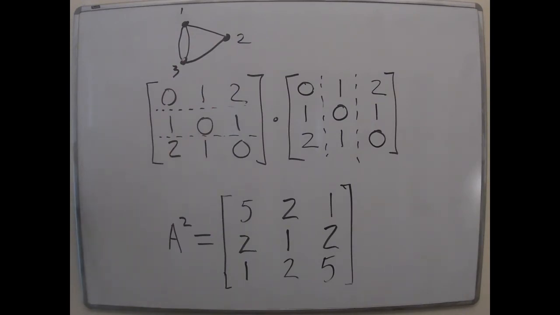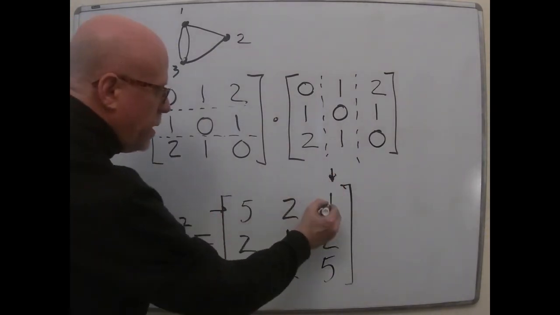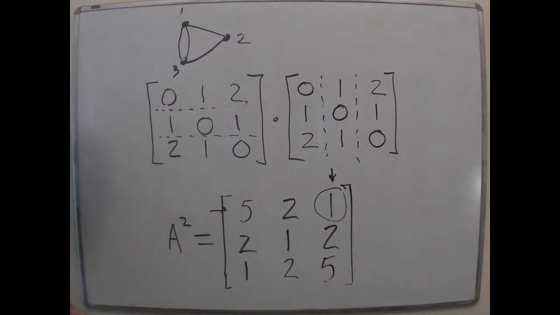What is going on in the square in that same position, 1, 3 position? That's row 1, column 3. We're getting a 1. Well, I'll just jump to the punchline. The square tells you how many paths there are of length, whatever the power is. So for the square, it's length 2 paths.